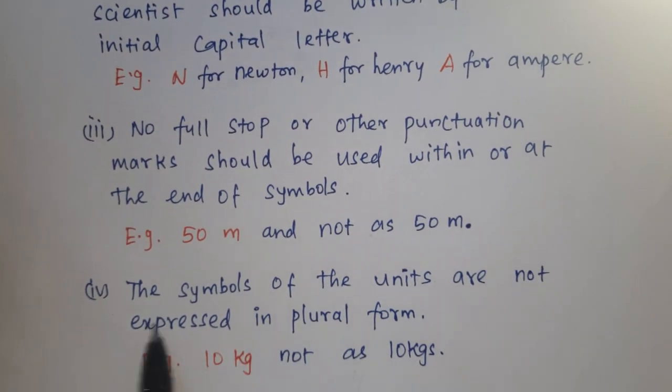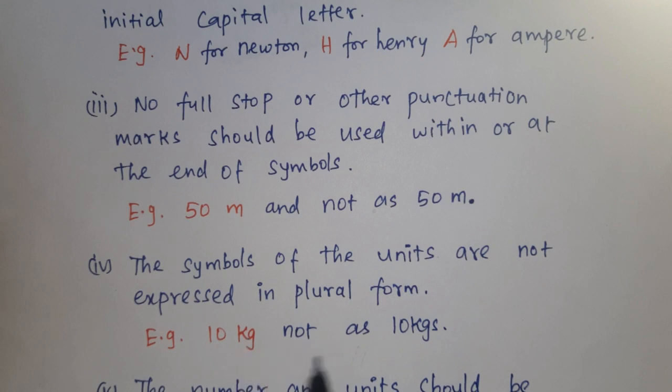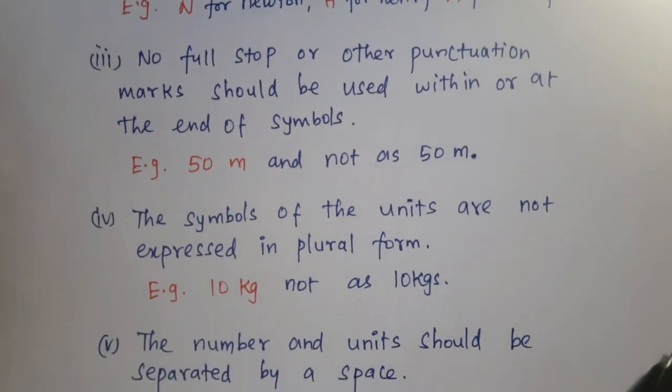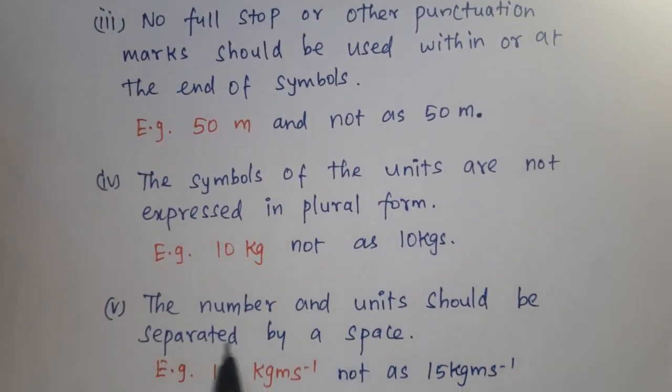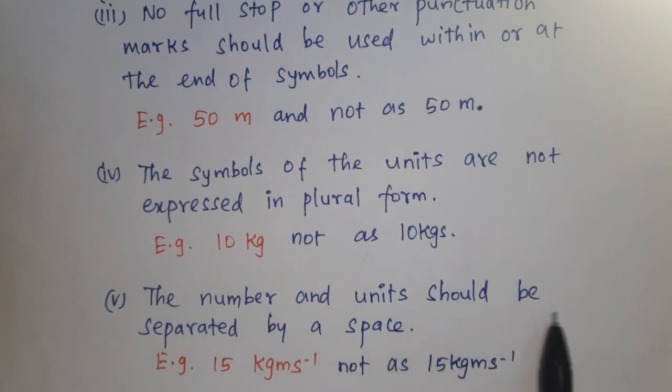Rule 4, the symbols of the units are not expressed in plural form. 10 kg we can write, we should not write 10 kgs. Then the fifth rule, the number and unit should be separated by a space. This is the number, this is the unit, separated by a space. Not without space like 15kg m s per minus 1. Here there is no space. We should not express like this. We can express 15, a gap, that means a space, kg m s power minus 1.